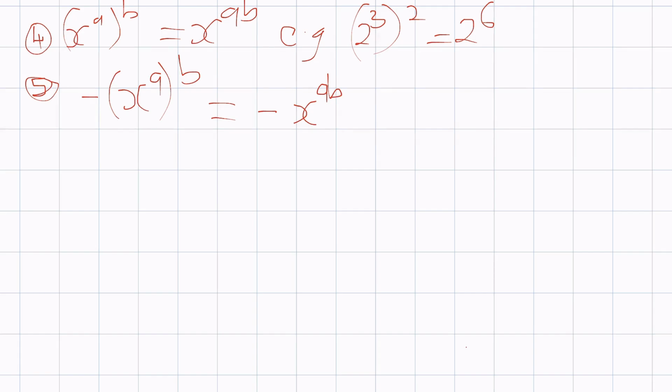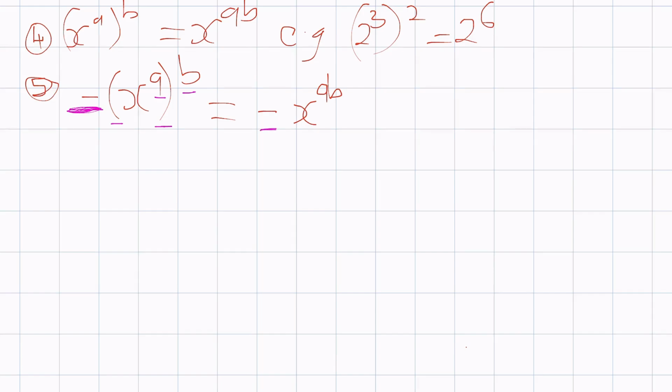I want you to note that the negative sign is not affected by our brackets. Hence, when we multiply the powers a times b, the negative sign is not being affected. We are not including it.